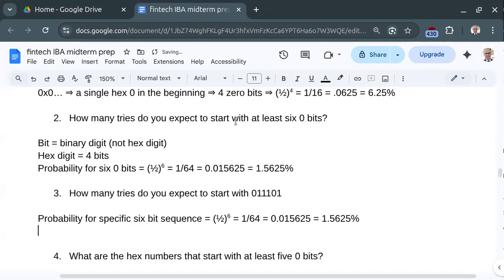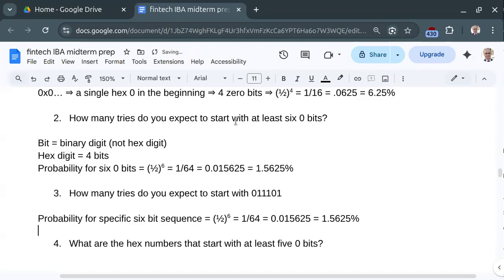It doesn't matter if we want it to be zeros, or zeros and ones, or whatever. As long as we specify a particular binary digit sequence, a specific 6-bit sequence, the probability of getting it is 1 over 2 to the 6, 1 divided by 64.